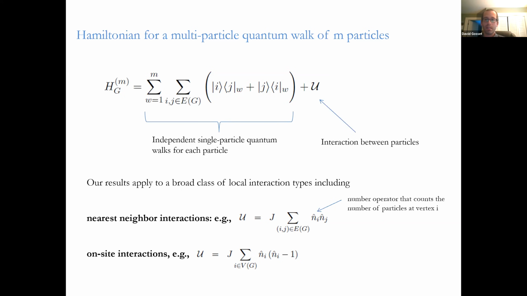So that is the model of multi-particle quantum walk that we consider. And this captures many sorts of many-body interacting systems in physics, although of course here we're considering them defined on more general graphs, like graphs that wouldn't necessarily appear naturally in physical systems.